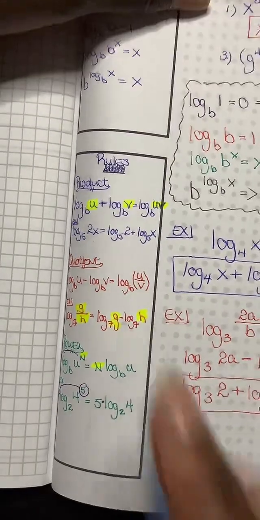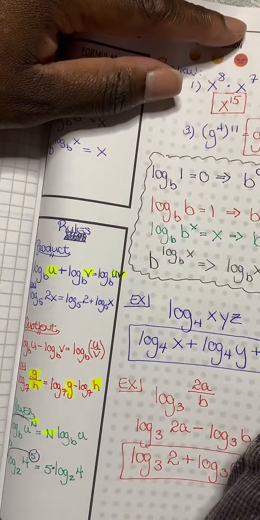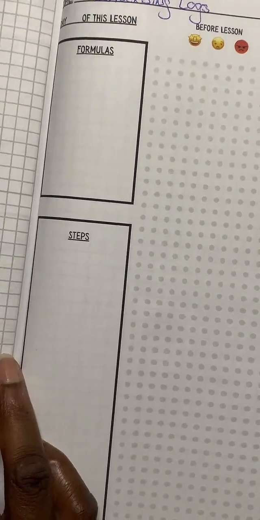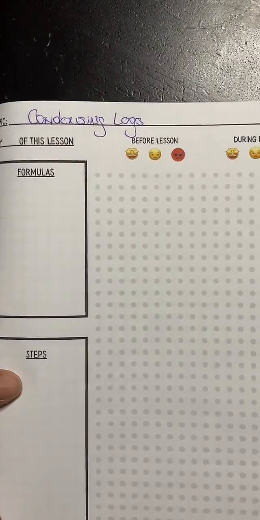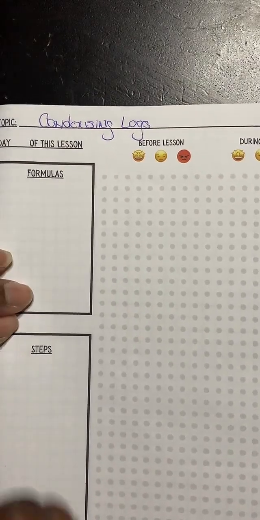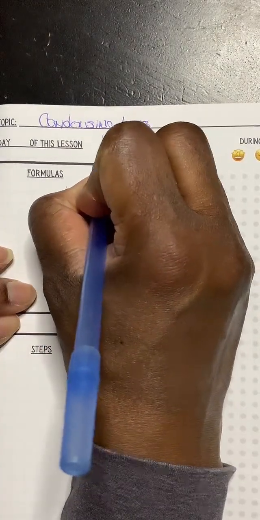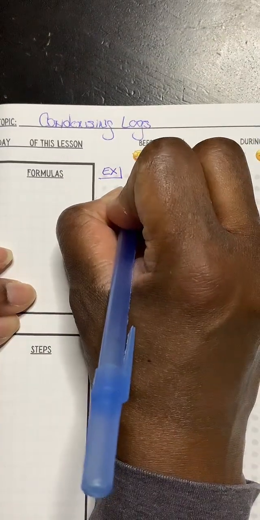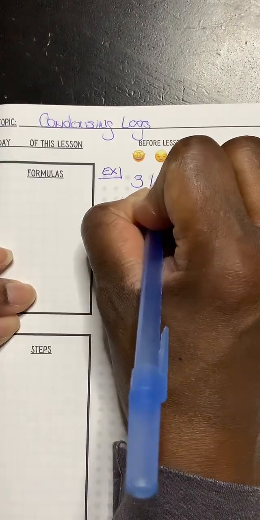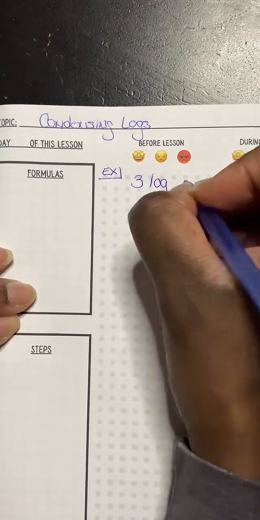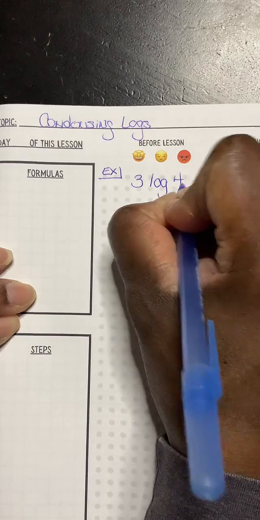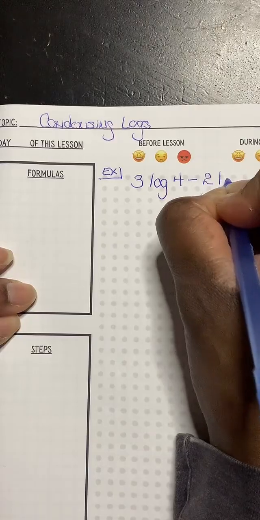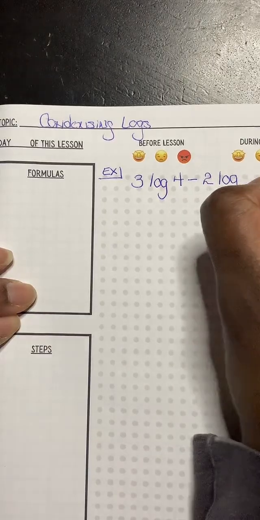So we're going to keep those in mind as we condense our logs. So let's go by example. So let's say we have 3 log of 4 minus 2 log of k.